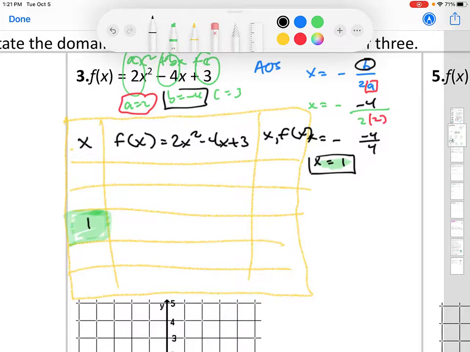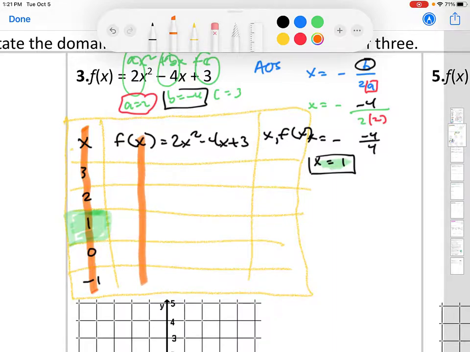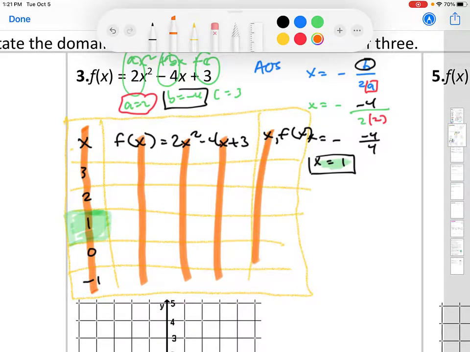So you can go up or down from here. So 3, 2, 1, 0, and negative 1. You want consecutive integers, which just means you're counting. And then we're going to do this multiple times. So from here, you're taking all of your x values and putting them in here. Function notation you don't really need.